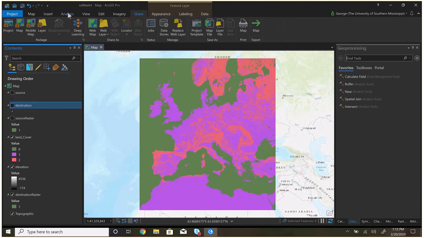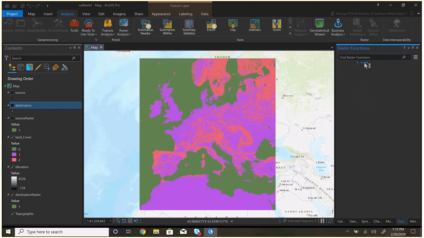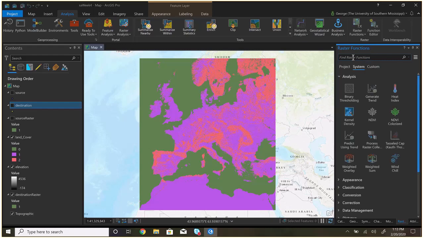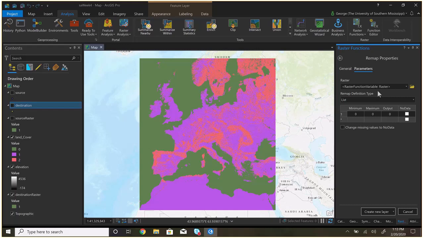Under analysis, master functions. And remember how we converted land cover into land cover costs? What tool did we use? Remap, does that make sense? Remember that? Some people have been asking me, like, what do these numbers mean that I'm putting in here?